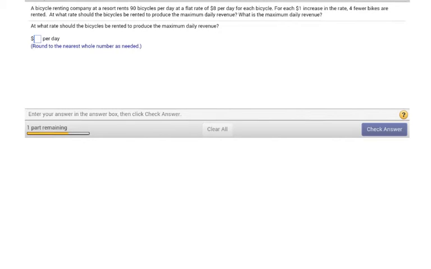In general, how much money we make renting bikes is going to be the number of bikes times how much we charge per day. So that's how we would figure that out. Now we're going to let X be the number of bikes, because this is going to vary.